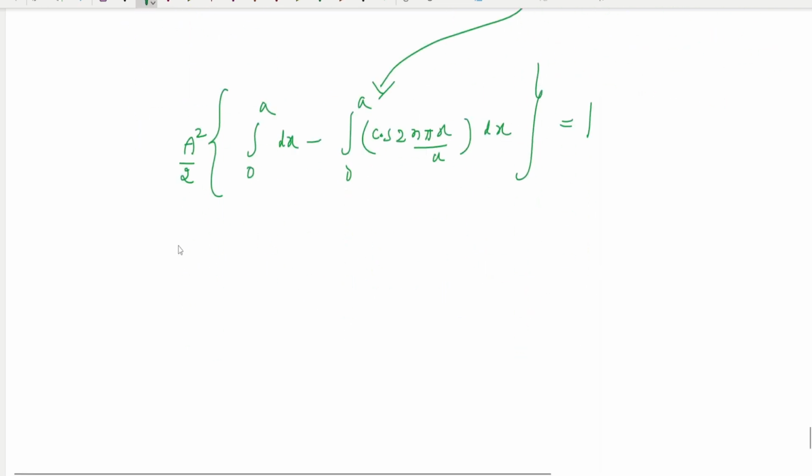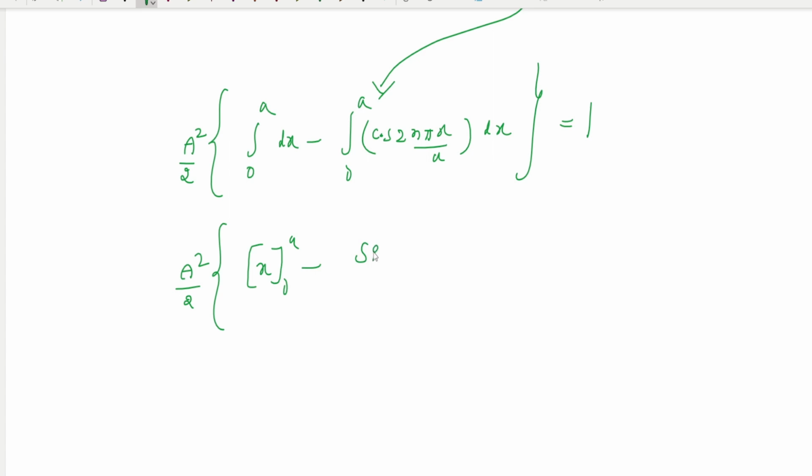Therefore, if you apply the integration, you get here x, which means from 0 to a. Here the integral of cos theta is sine theta, first sine theta. What is theta's coefficient? Take the reciprocal of this, a divided by 2 pi n.